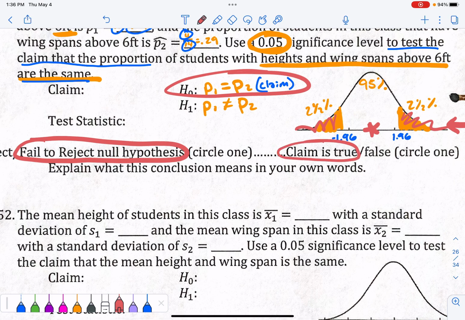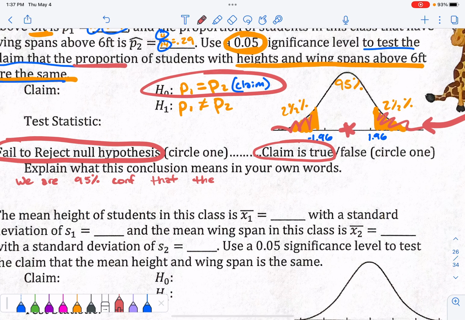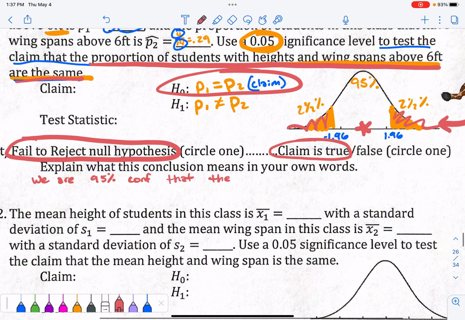So explain what this means in your own words. We are 95% confident that the proportion, to test the claim that the proportion of students with heights and wingspans above 6 foot are the same.